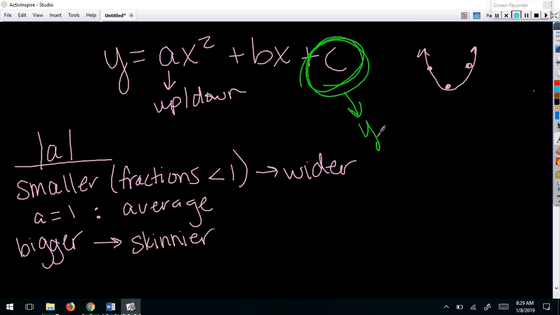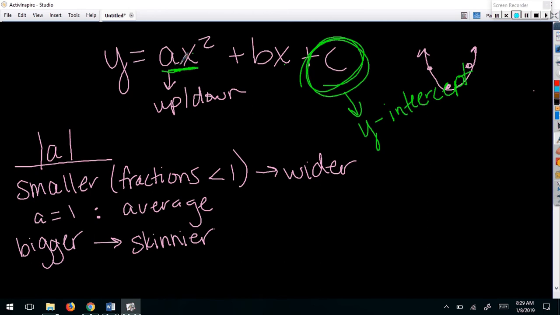Where it touches the axis. So if I'm looking for a y-intercept, how do I find that based on the equation? Something happens special with x at the y-intercept. What is it? It's 0. So if you plug a 0 in for all the x's, you'd get your y-intercept, right?